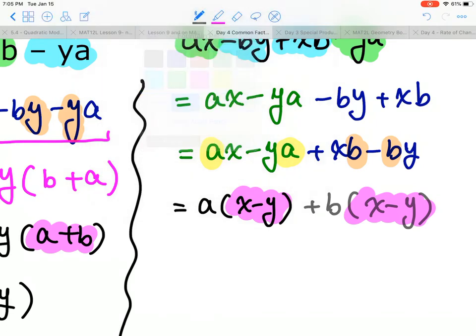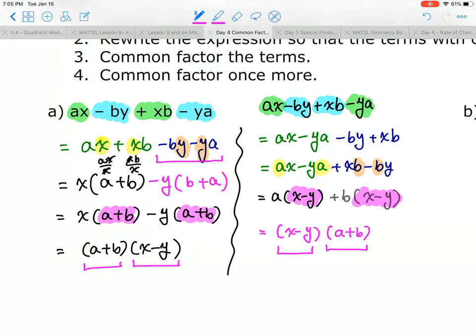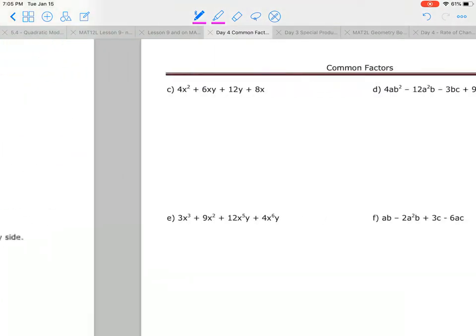So what we can do is then having x minus y first, and then a plus b, which are the leftovers. So hopefully you see that we have exactly the same answer, a plus b, right? And then we have x minus y.